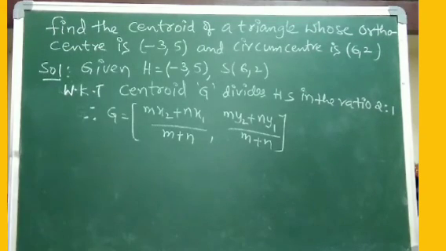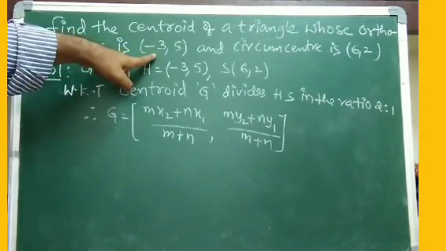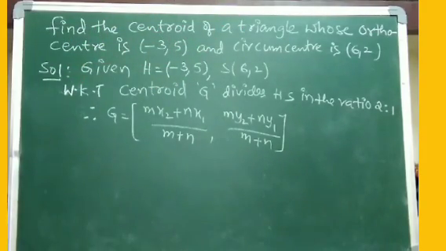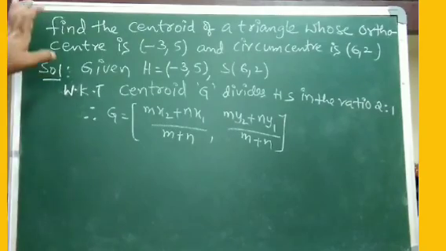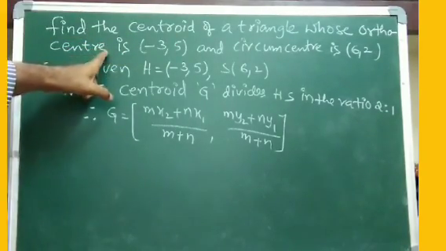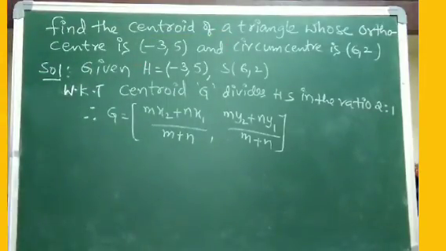Look at this. Find the centroid of a triangle whose orthocenter is (-3, 5) and circumcenter is (6, 2). So we need to find the centroid, but we are provided the orthocenter and circumcenter. Please try to observe this.